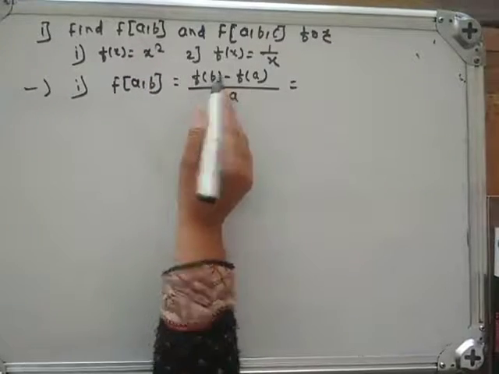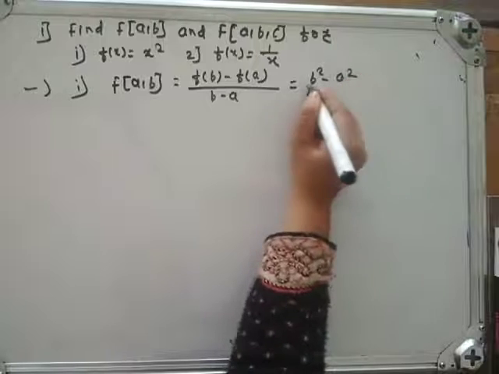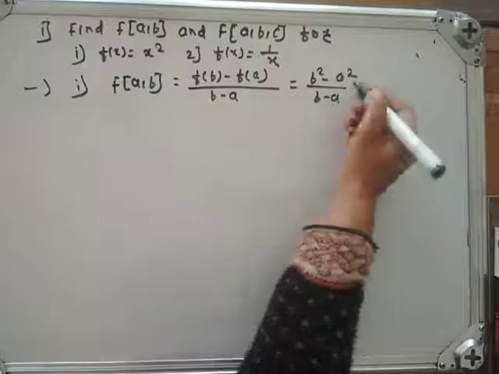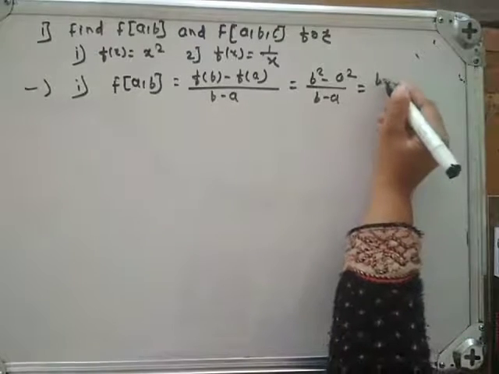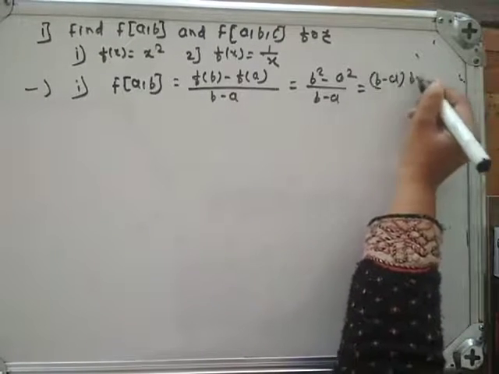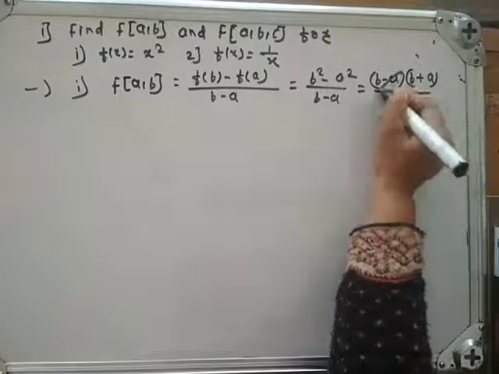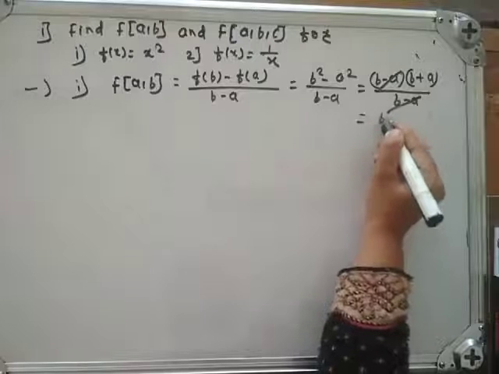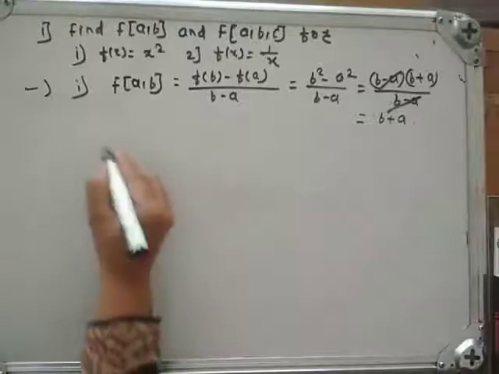So f of B is B square minus f of A is A square, upon B minus A. Expand this: B square minus A square is nothing but B minus A into B plus A upon B minus A. Here B minus A gets cancelled, so you will get only B plus A.